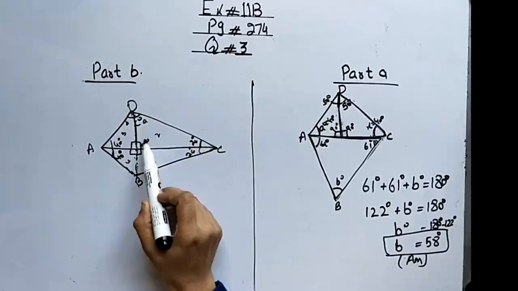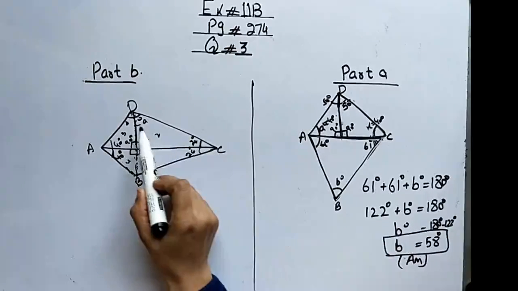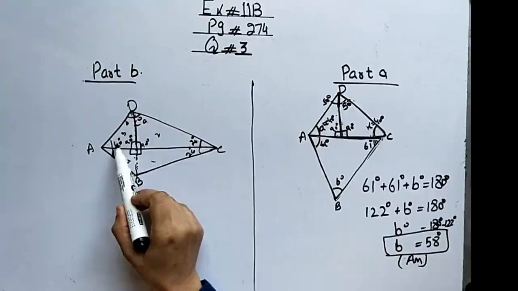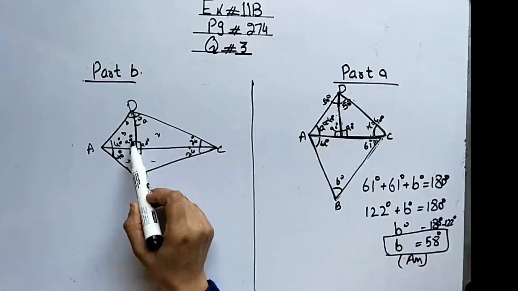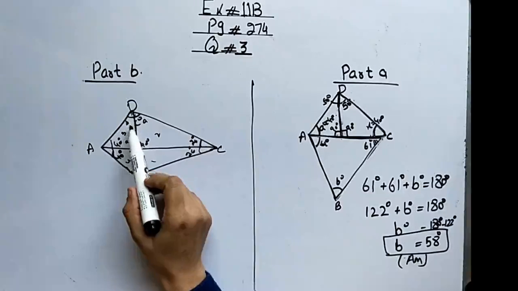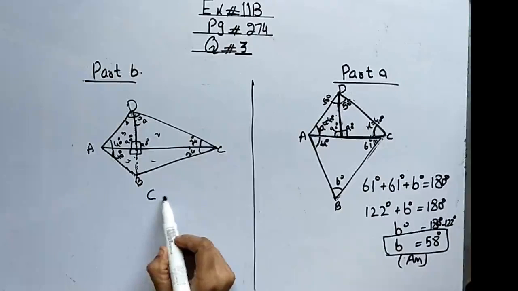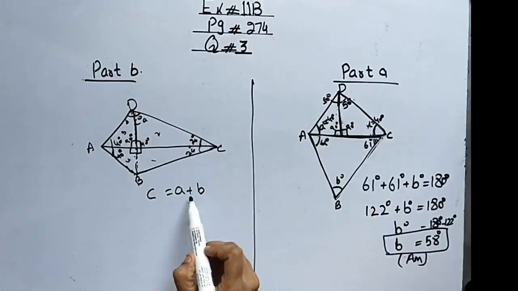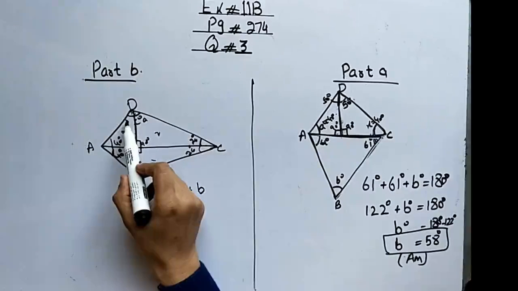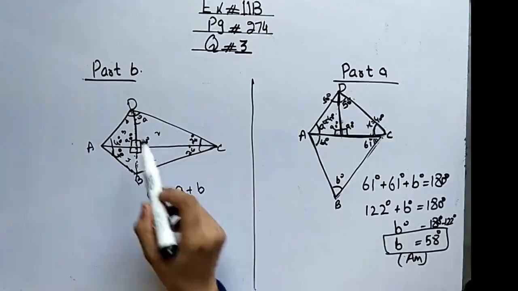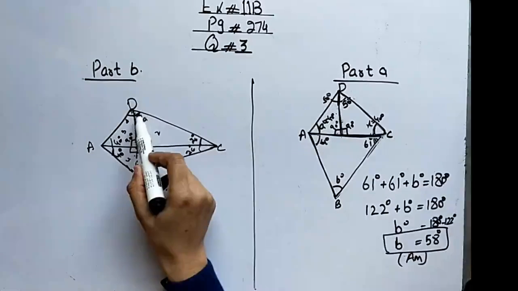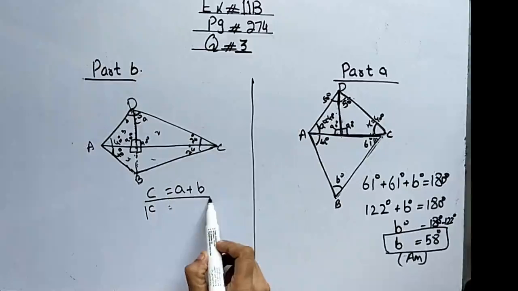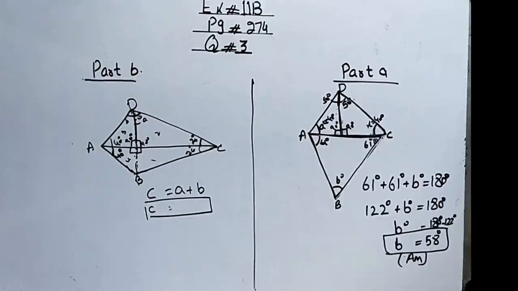As this angle is 90 degrees, this one is also 90 degrees. Add 90 plus 26, then subtract from 180, and you will get angle A. Then you will find B by adding 40 and 90, and then subtract from 180, and you will get angle B. In the third step, you will add A plus B, because C is a combination: half is angle B and half is angle A, and the addition of these two angles is equal to the complete angle C. Got it, beta?